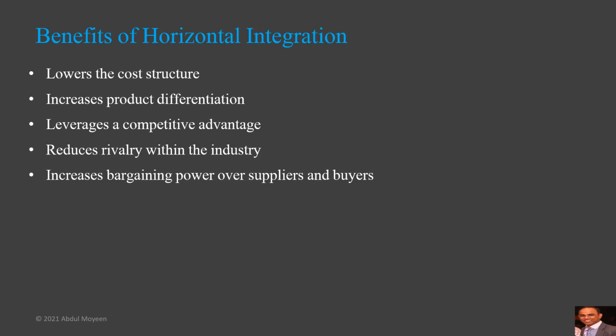Horizontal integration may also increase differentiation when it allows a company to combine the product lines of merged companies so that it can offer customers a wider range of products that can be bundled together. Product bundling involves offering customers the opportunity to purchase a range of products at a single combined price.